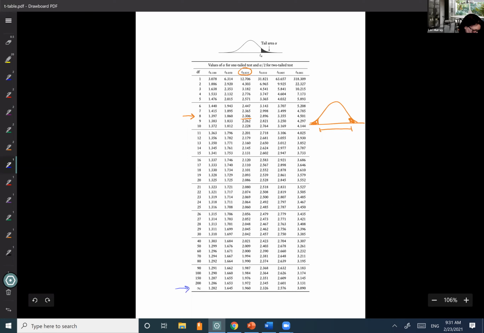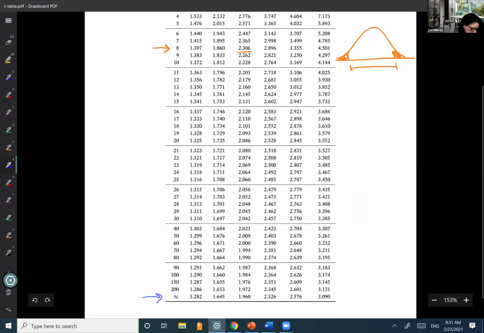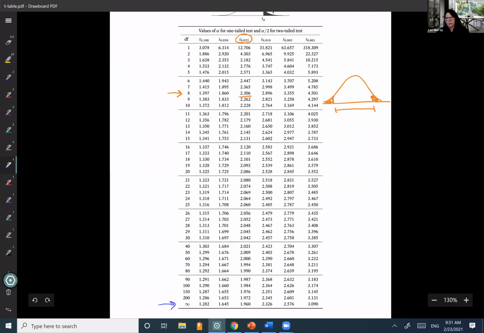corresponds to the values of Z, right? Infinity, because as the degrees of freedom increase and go to infinity, the T distribution converges to the standard normal distribution. So we're going to put in here 2.326 right here.